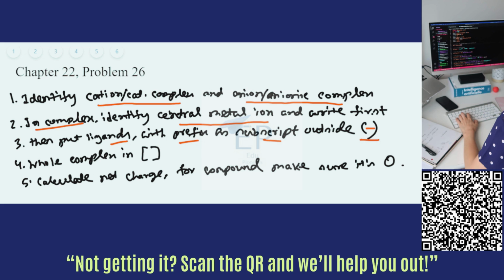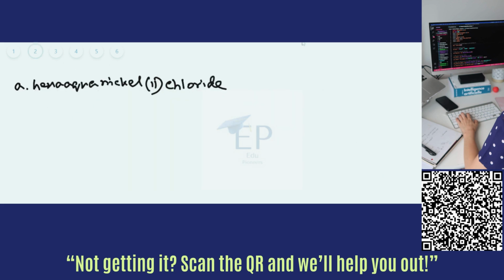And then we have to put a square bracket outside the whole complex. And finally, we need to calculate the net charge on the complex. And in the case of compounds, we have to make sure that the overall net charge is 0. So let's start with the first problem here.